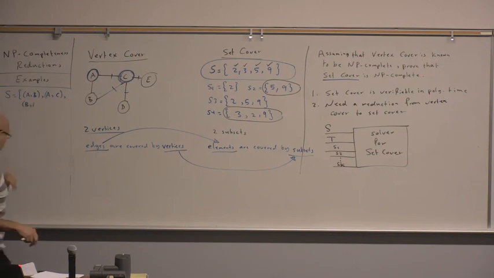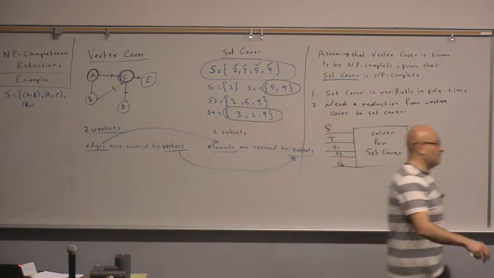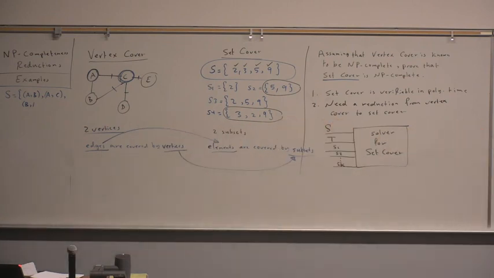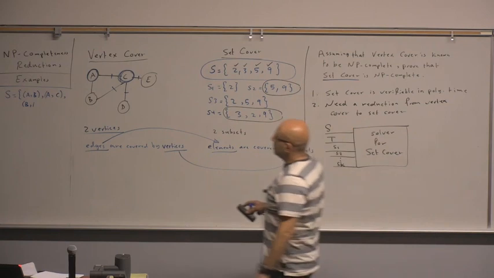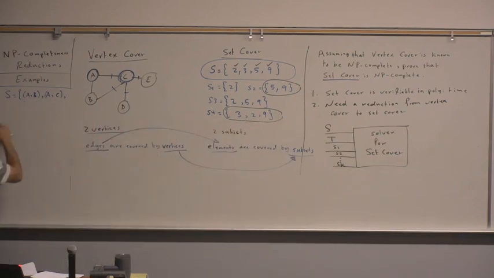BA is already there, it's an undirected graph, so we only need BC.